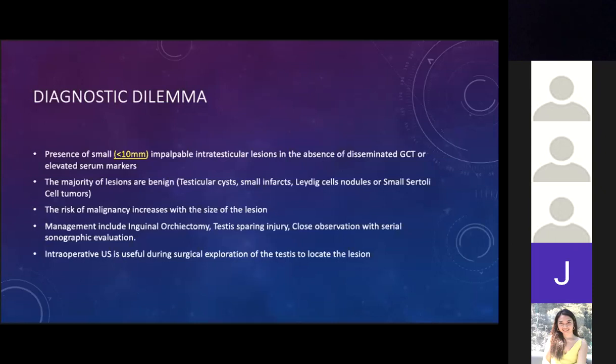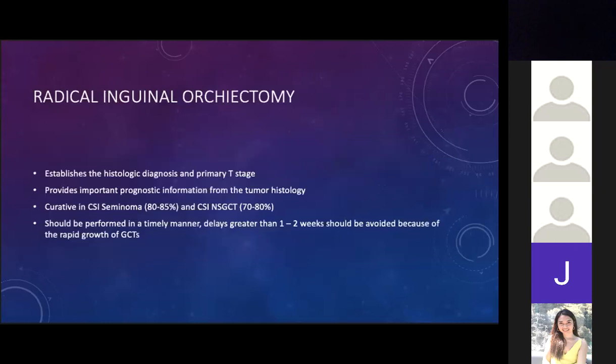The risk of malignancy increases with the size of the lesion. Management includes inguinal orchiectomy, testis sparing surgery, close observation with serial sonographic evaluation. Intraoperative ultrasound is useful during surgical exploration of the testis to locate the lesion.